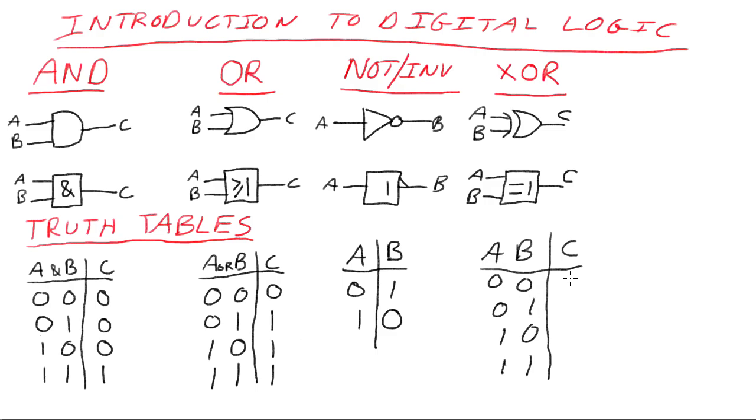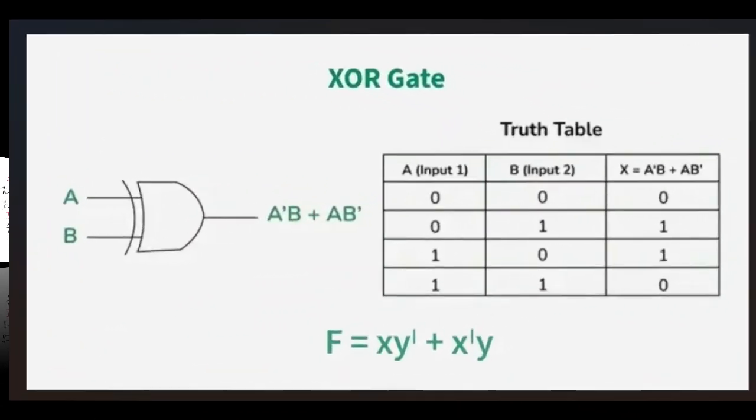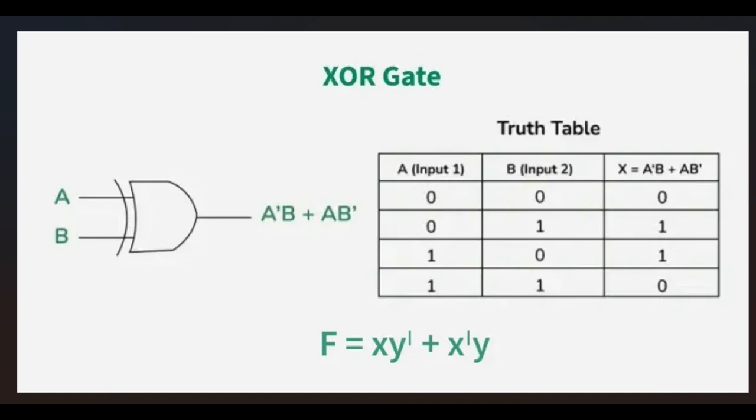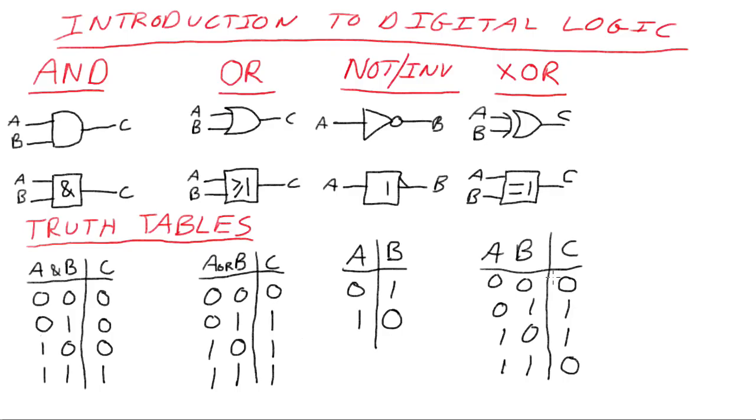So in this case, is A or B 1? No. So we get a 0. Is A or B 1? Yes, we get a 1. Is A or B 1? Yes, we get a 1. Is A or B 1? In this case, for the OR gate, it would have been a high, but in this case, it's going to give us a 0. So this exclusive OR is actually a very powerful function that allows us to do controlled inversion, which I might explain later. But yeah, there are three types of two input gates: AND, OR, XOR, along with the NOT.